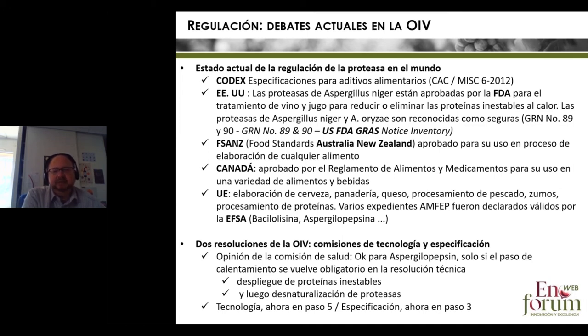Those proteases are also allowed by the Australian and New Zealand regulations, and the Canadian regulation.